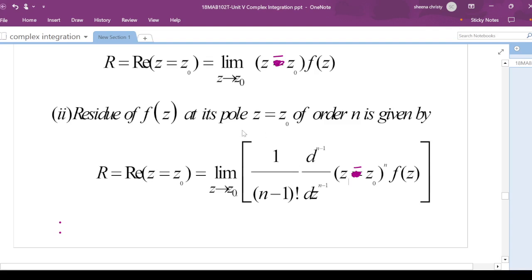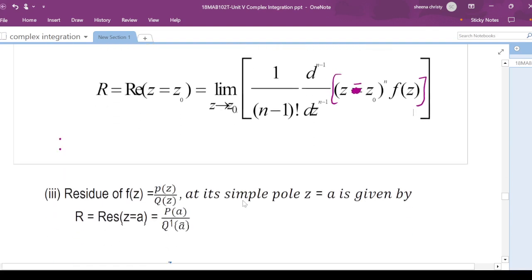That is, if z = z0 is a pole of order n, you have to differentiate (z - z0)^n times f(z) n - 1 times with respect to z and multiply it by 1/(n-1)!. After that, substitute z tends to z0 in the result.